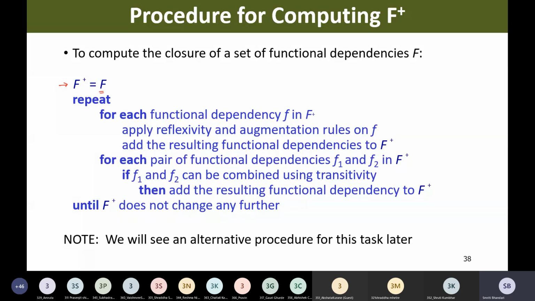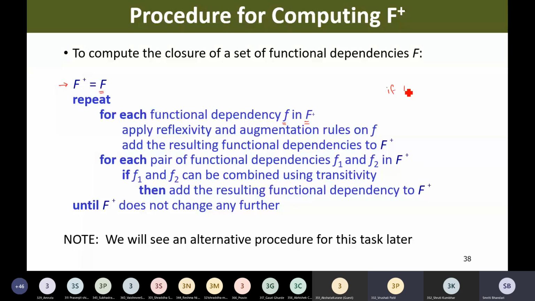So what are the steps we are going to follow? For each functional dependency f in F plus, which initially is the same set of functional dependencies F, we apply the reflexivity and augmentation rules.